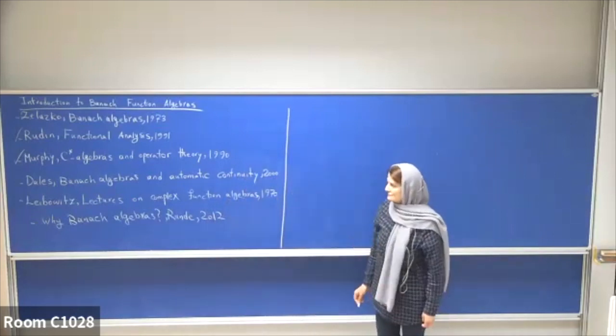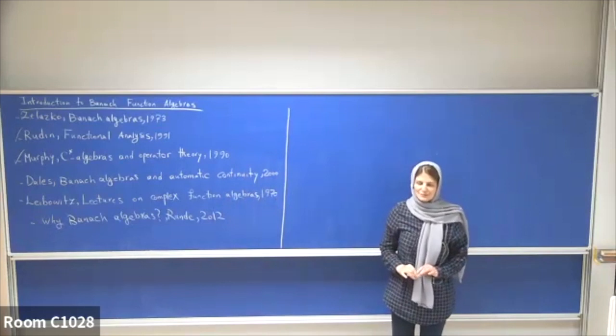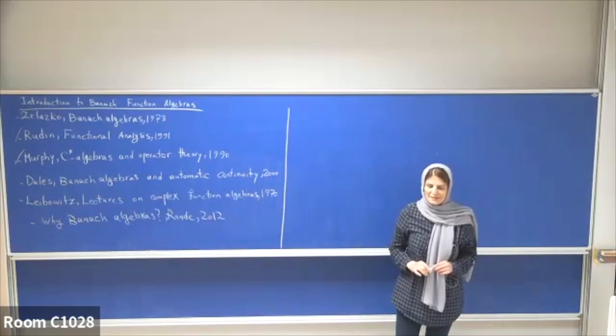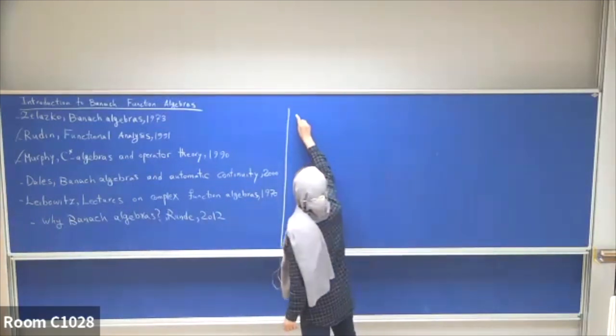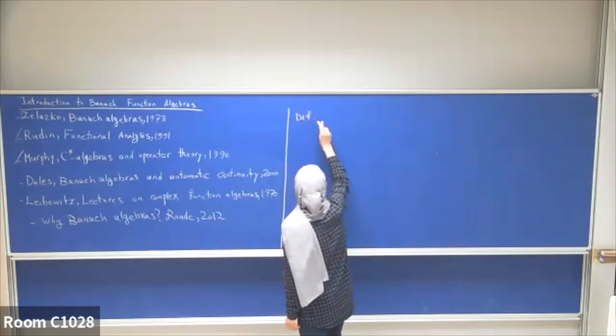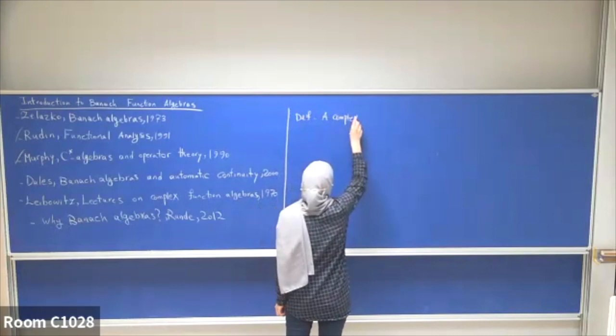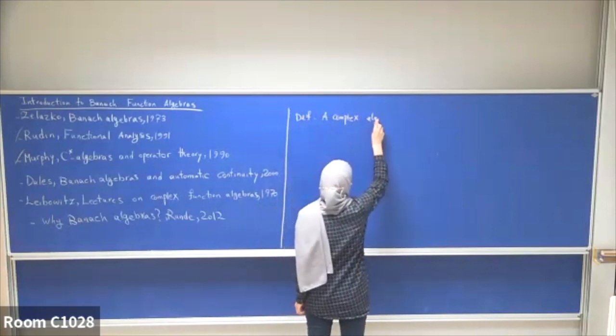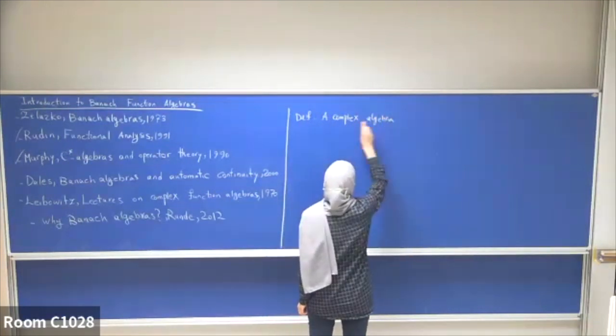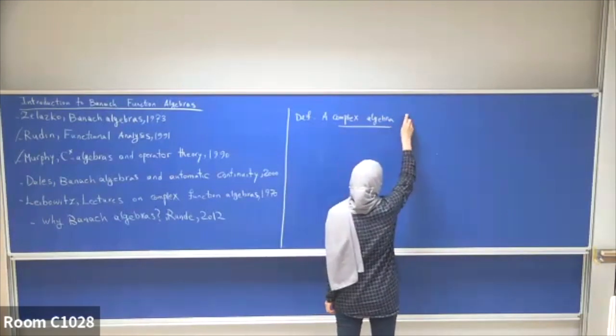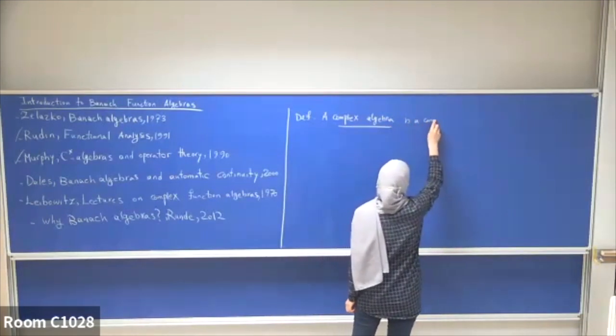Okay, let's start with the definition of algebra. Actually, a complex algebra is a complex vector space.